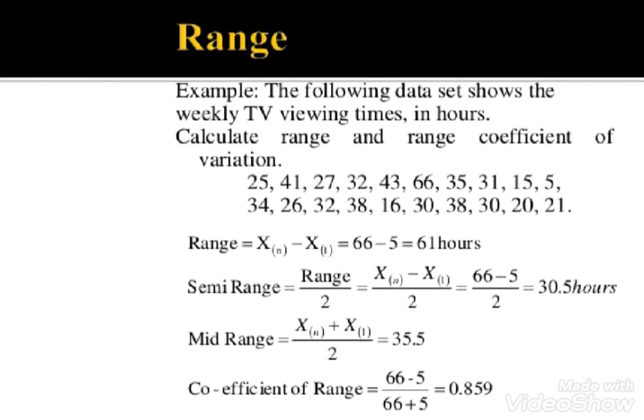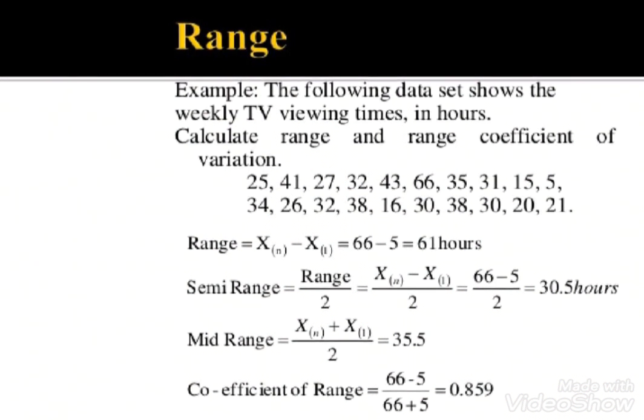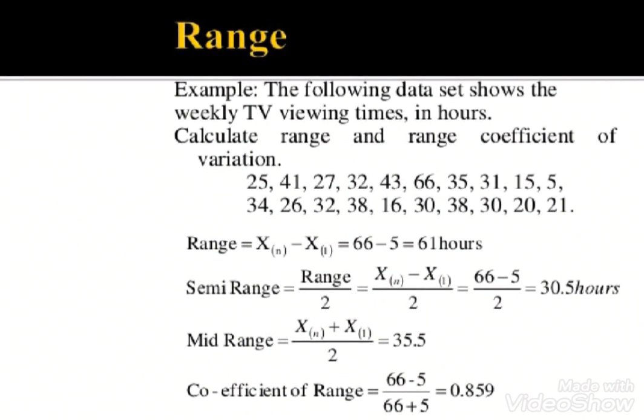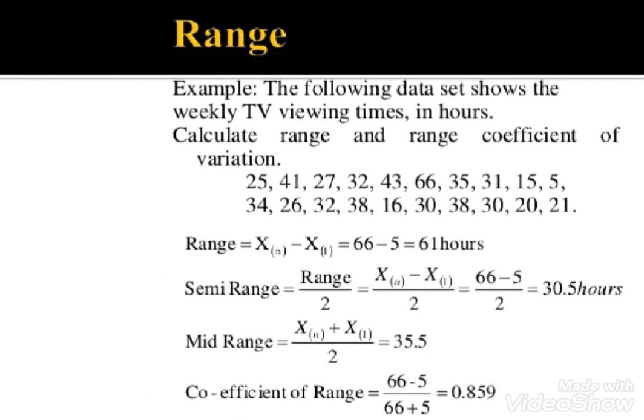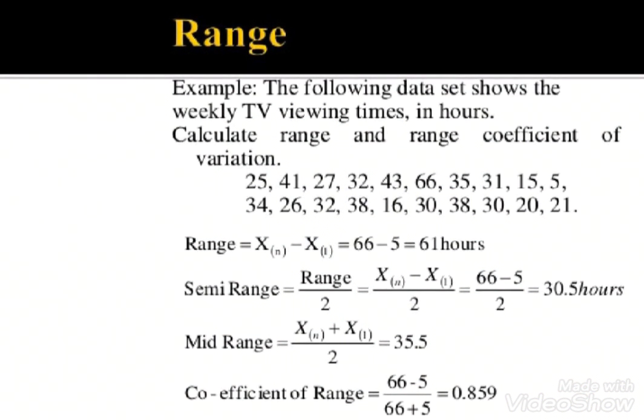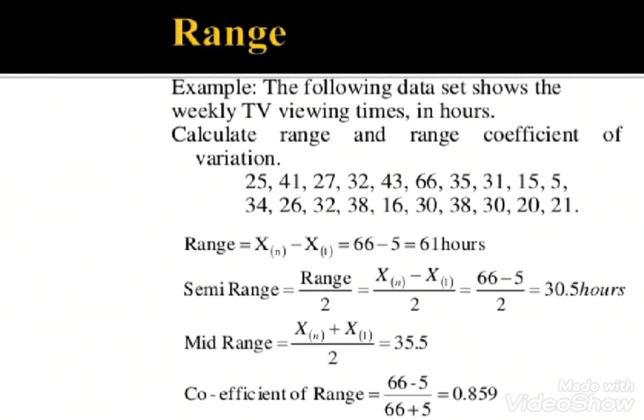You can see the highest number is 66 and the smallest number is 5 in these values. So they subtract and find 61 hours. Then they find the semi range, for which they divide it by 2. For mid range they add and divide by 2. These calculations you can see and you can practice.